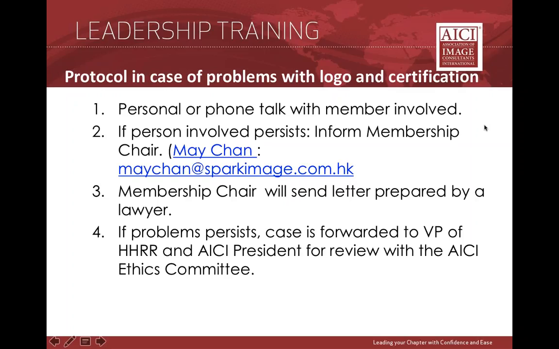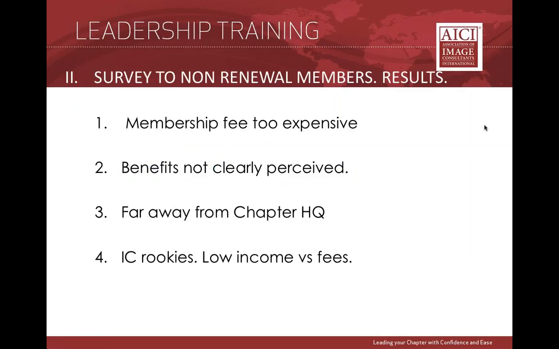This is point one that we have covered, and now we are going to the survey. Point two, the survey that we conducted with the non-renewal members. Some were done by voice and personally, and others were made by Survey Monkey. And we got four very important issues here. First, they found the membership fee very expensive.